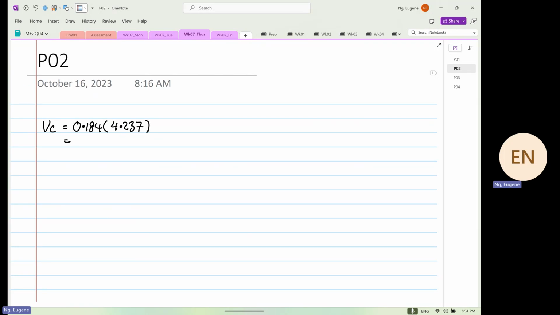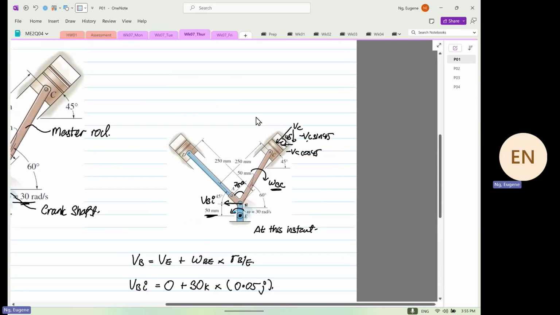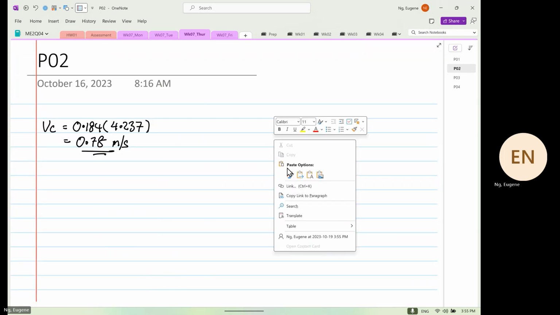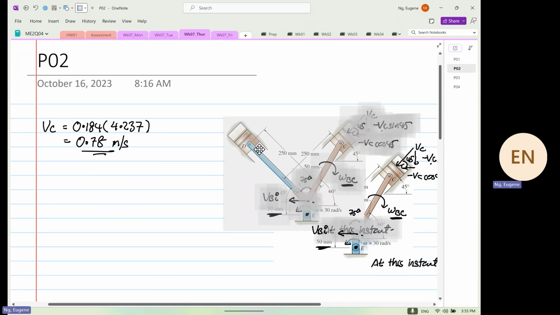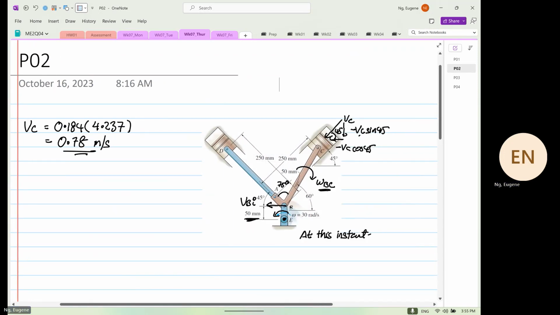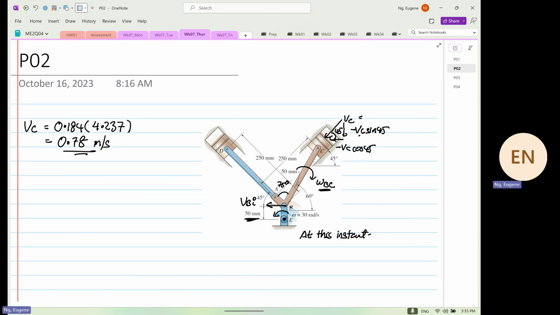Hey, come on, turn on your calculator first, then start pressing. 0.779, or 0.78 meters per second. Okay. So let me copy this. So where we are now, the VC is equal to 0.78 meters per second.